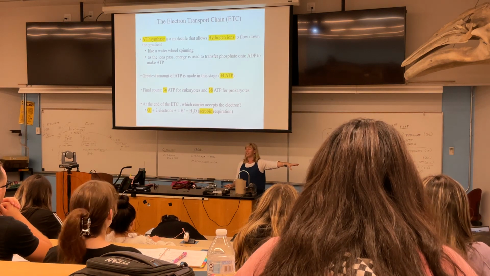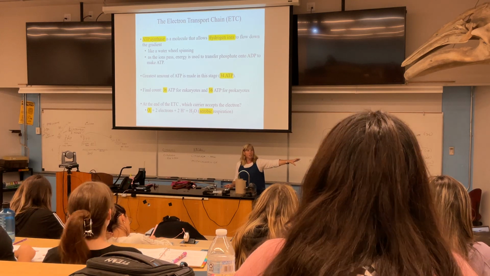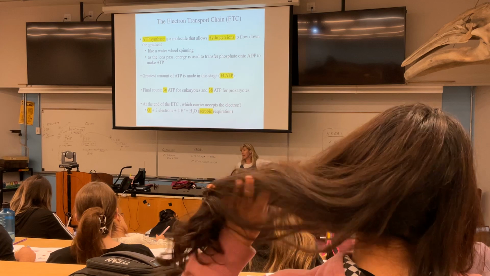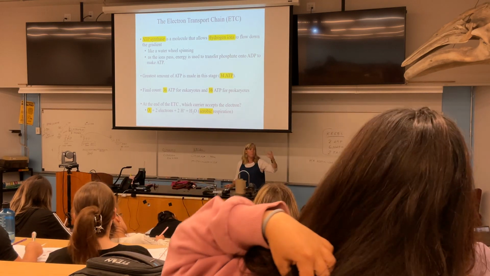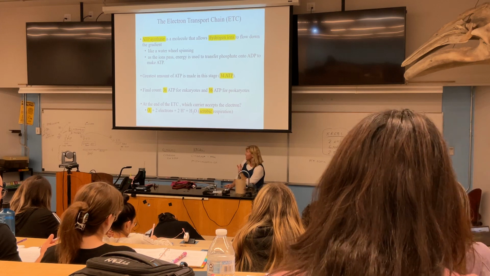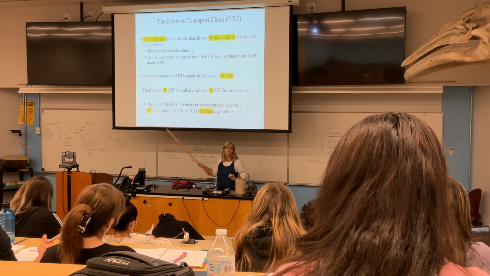We pay a little fee to shuttle. So our tokens, our Uber drivers, have to go farther, so we have to pay for their gas, so to speak. So it ends up counting us losing 2 ATP. So we get a total at the end for every glucose molecule of 36 ATP.